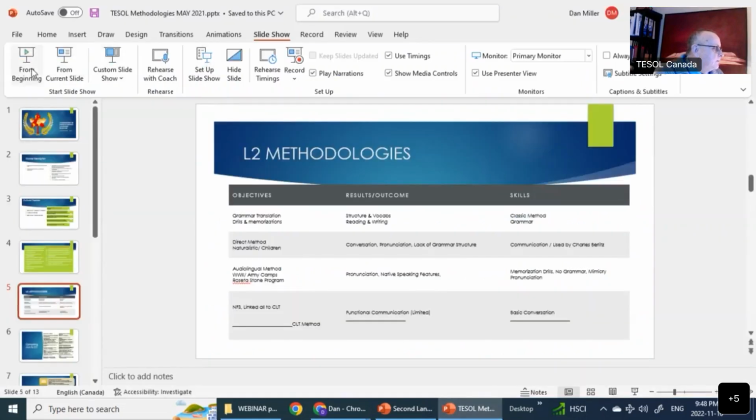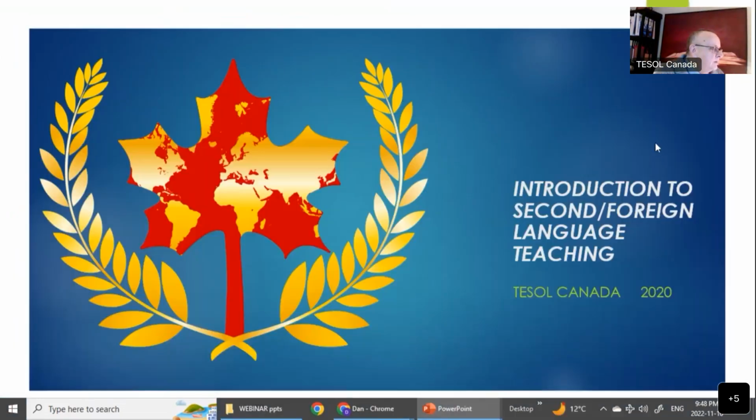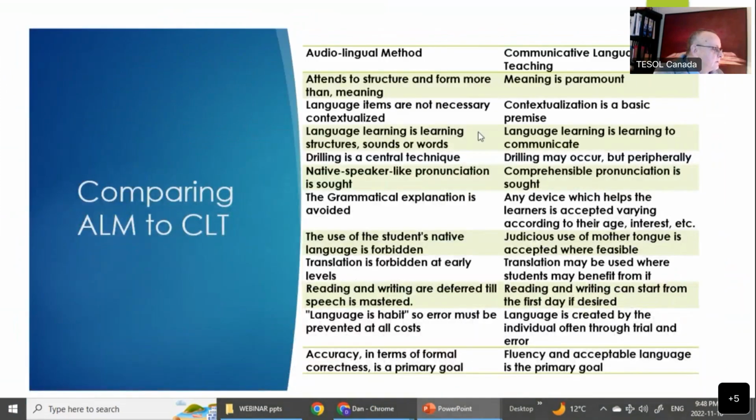I want to go back to this PowerPoint because it has an excellent comparison chart here. Now you don't need to write this down because you will come across this chart in the Canvas platform, as well as in some of the documents that are available to you under the resources tab on the Canvas platform.